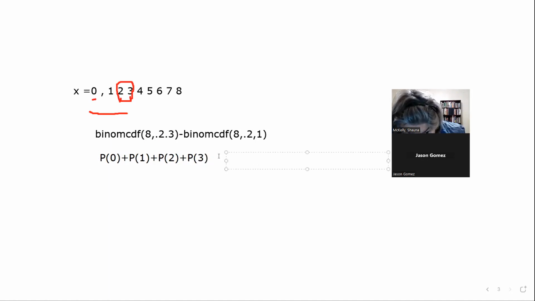Then what we did was we subtracted from up to 1. So we subtracted the probability of 0 and the probability of 1.